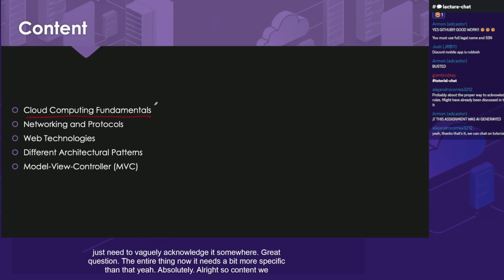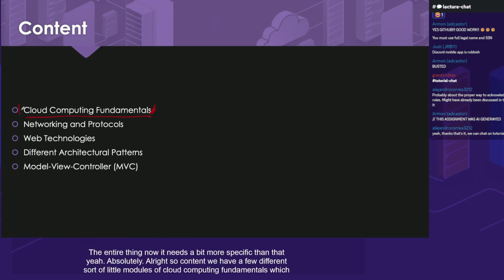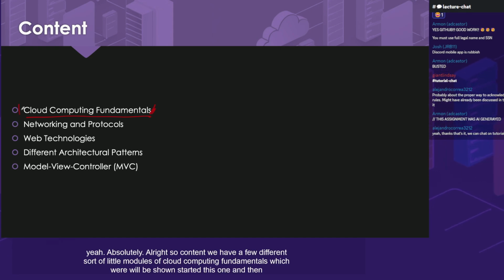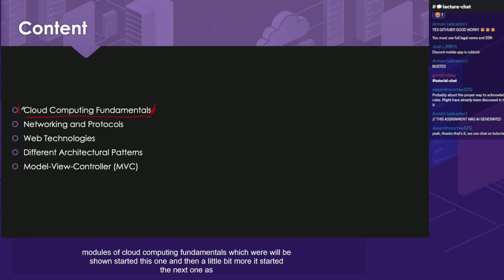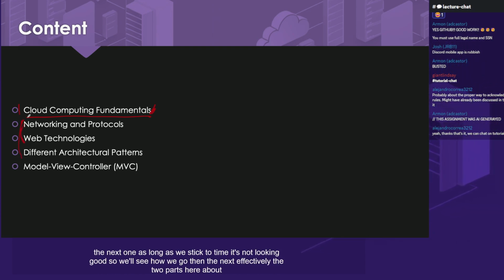All right, so content. We have a few different little modules of cloud computing fundamentals, which will be shown at the start of this one, and then a little bit more at the start of the next one, as long as we stick to time. It's not looking good though, so we'll see how we go. Then the next two parts are about networking protocols and web technologies.